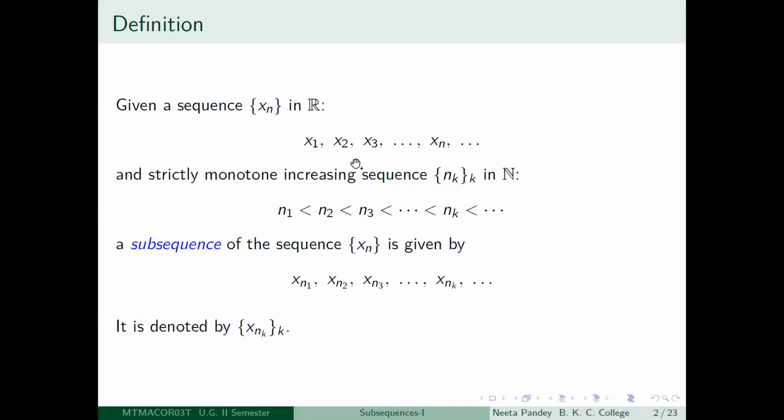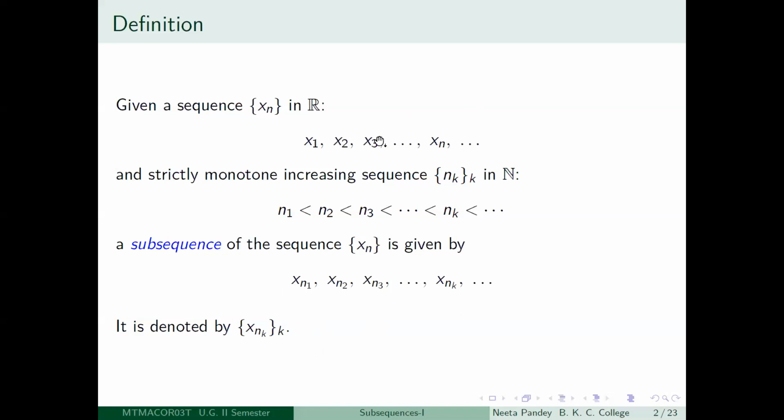So how do you do this? Suppose you have this sequence x1, x2, x3, etc., where xn is the nth term of the sequence, and suppose you start looking at a subsequence of this sequence. The first term, suppose you choose to be some n1th term of the original sequence, so it is xn1. Now for the second term, you cannot go back.